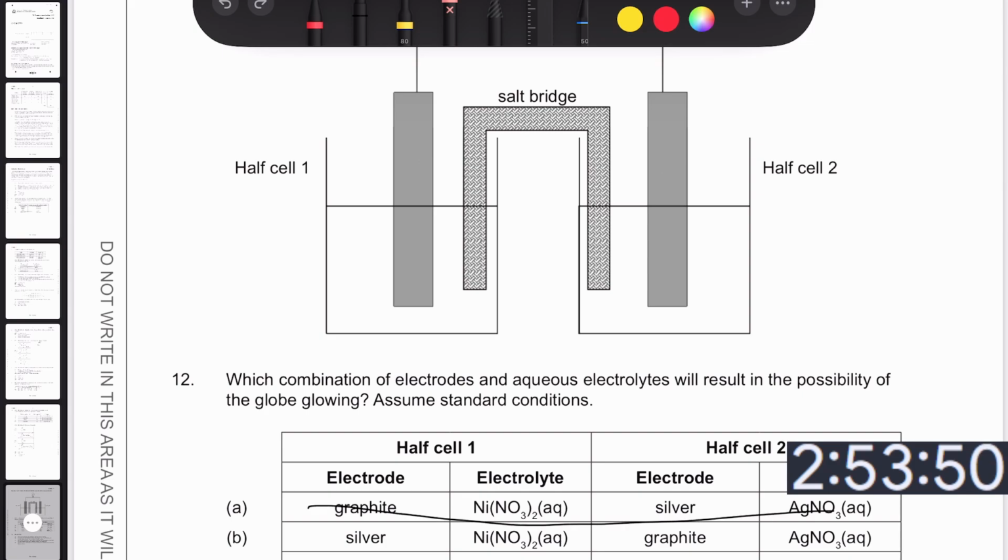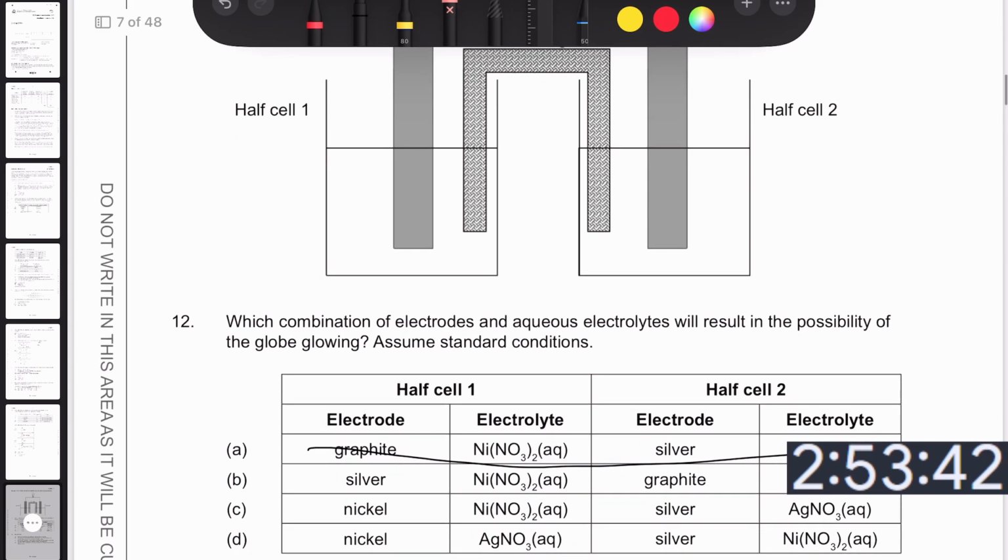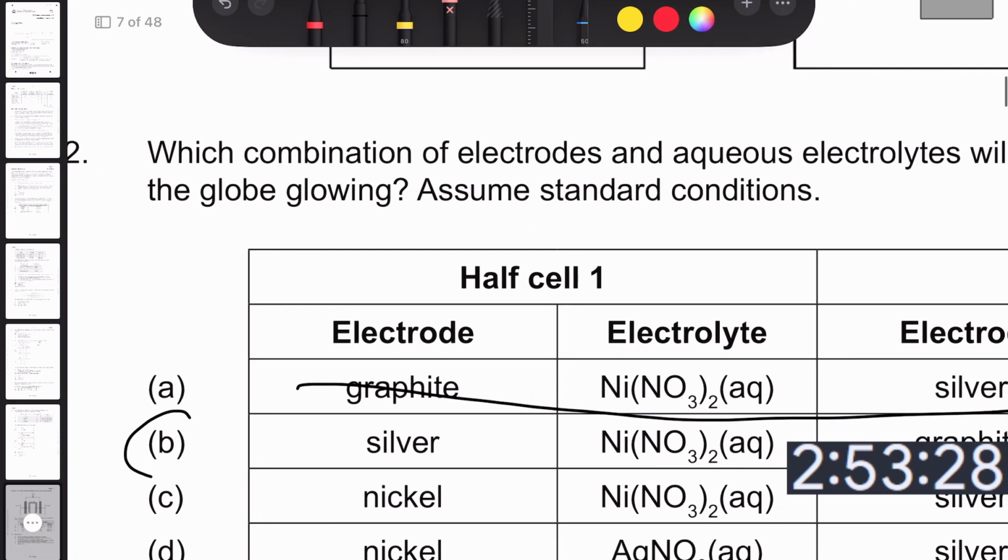It's definitely no. Silver. Because I don't have silver. Graphite. So let's see. Nickel solid. Aqueous. Ag plus. Okay, so this may be.